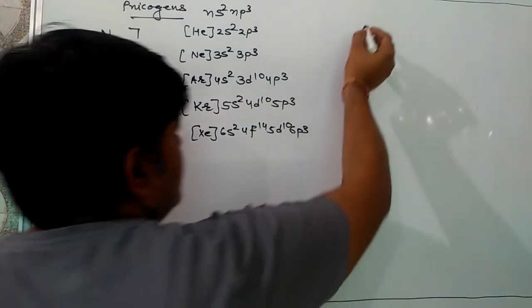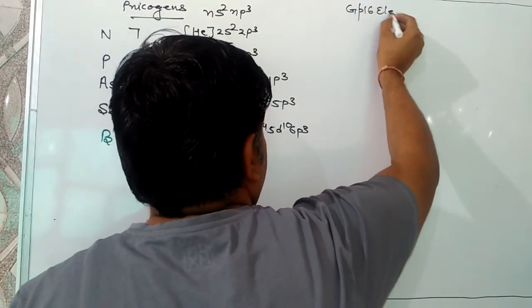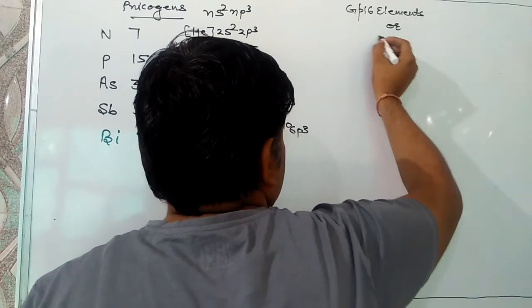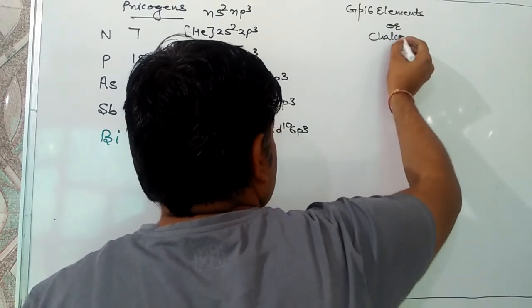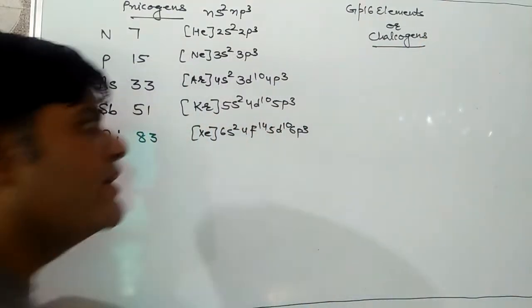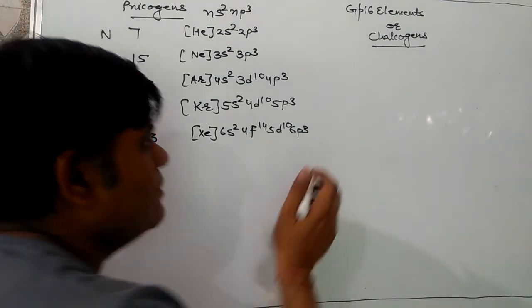Now group 16 elements, also known as chalcogens. These are ore forming in nature, hence they are known as chalcogens.